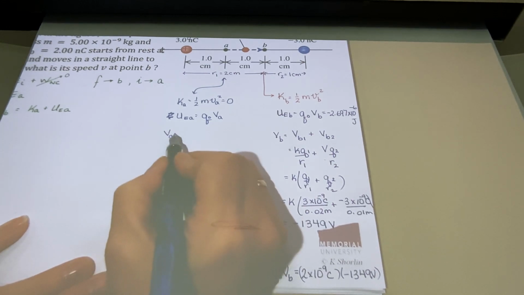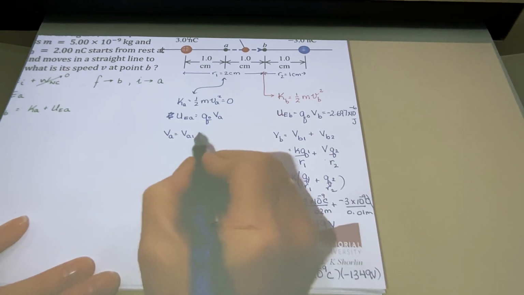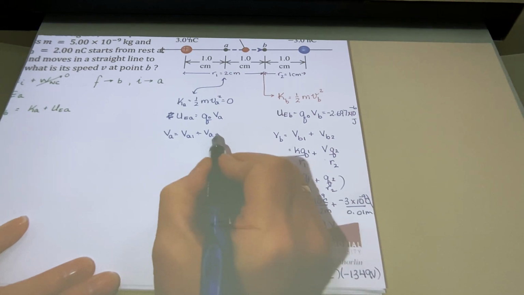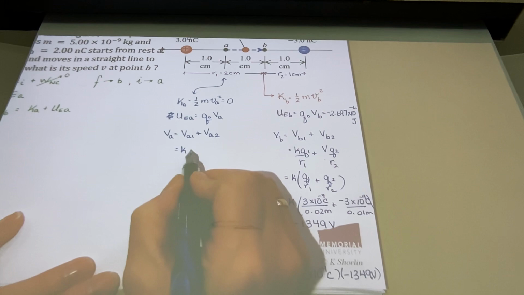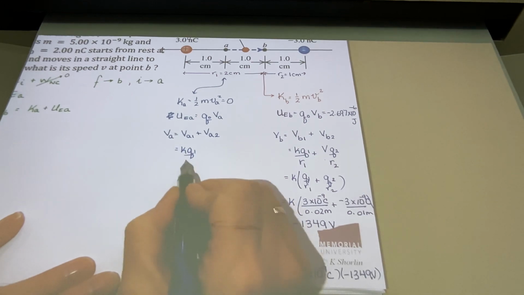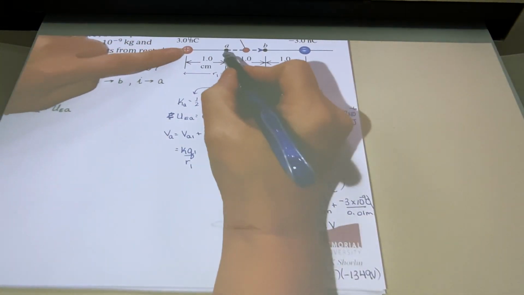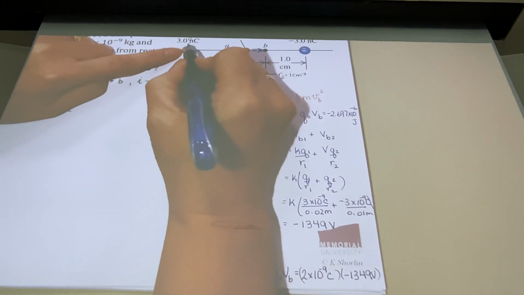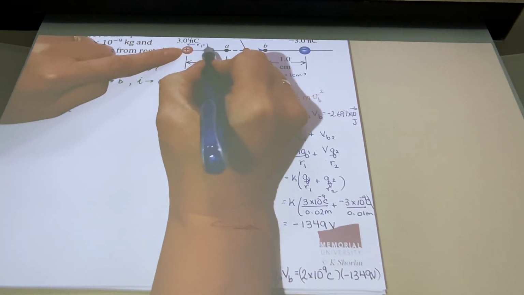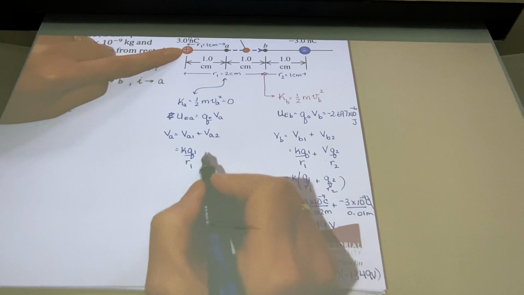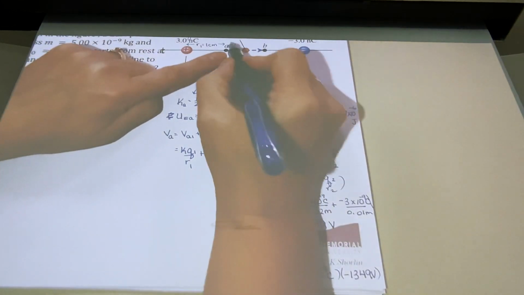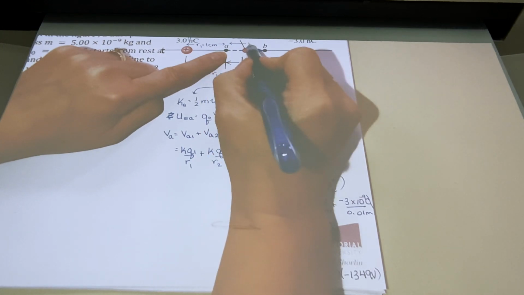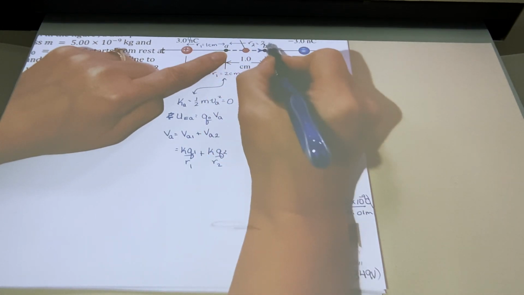The potential at point A is the potential at A due to charge 1 plus the potential at A due to charge 2. Potential at A due to charge 1 is K times Q1 divided by R1. R1 will be the distance between our charge 1 and A, 1 centimeter. Plus K times Q2 over R2. R2 is between A and charge 2, that's 2 centimeters.